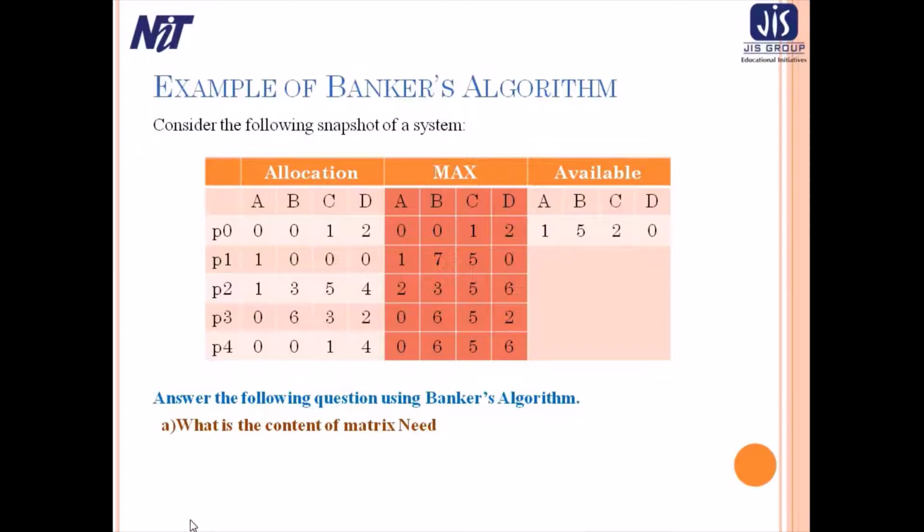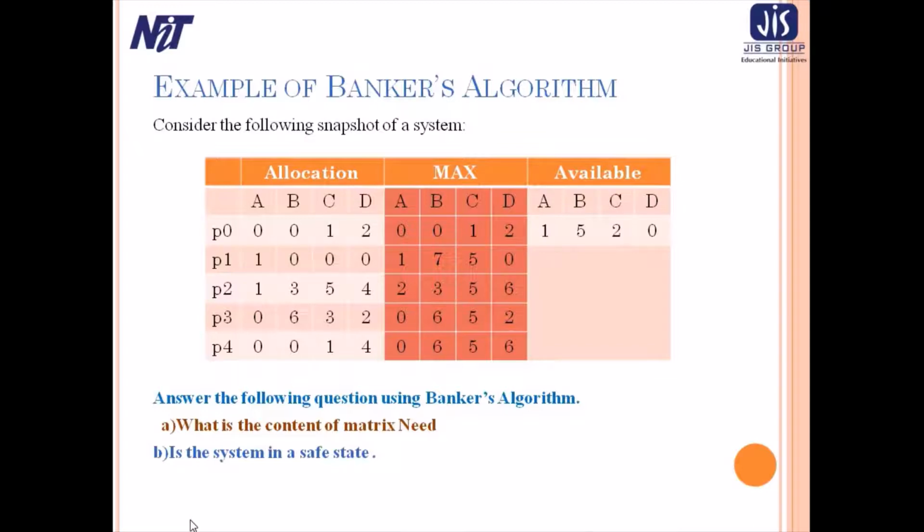For solving Banker's algorithm, whether or not the question is given, we have to calculate the need matrix. Without the need matrix we can't proceed further. The second question is, after solving the problem, we have to check whether the system is safe or not, because there are two kinds of state in a system, safe or unsafe.